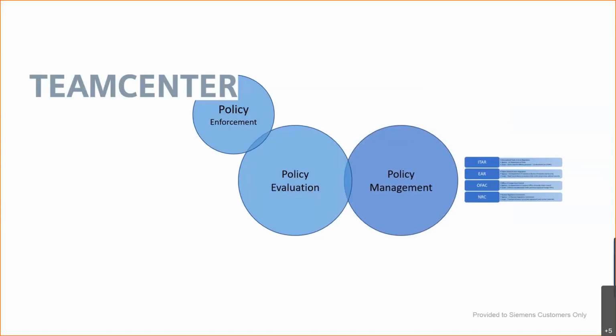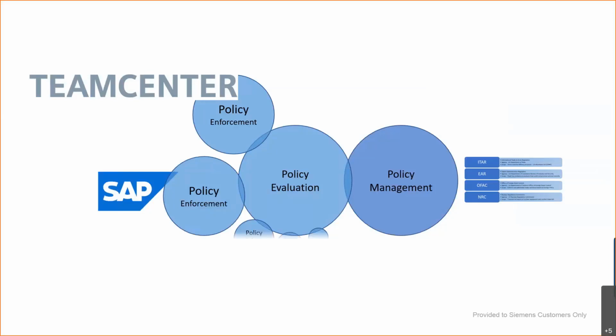The enforcement point, where the user interface makes decisions about a certain user being able to access or not access data, is at Teamcenter. That's the policy enforcement point, the PEP. And the cool thing about what we offer is that the same policy evaluation and policy management engine can be applied to other applications. So once deployed, TcDRM can be applicable to other application stacks.